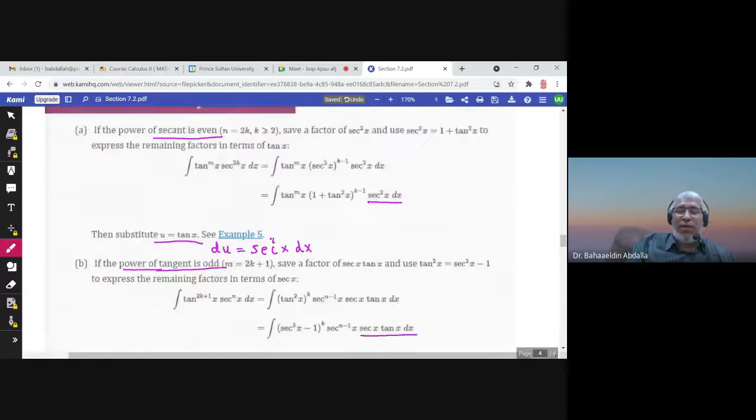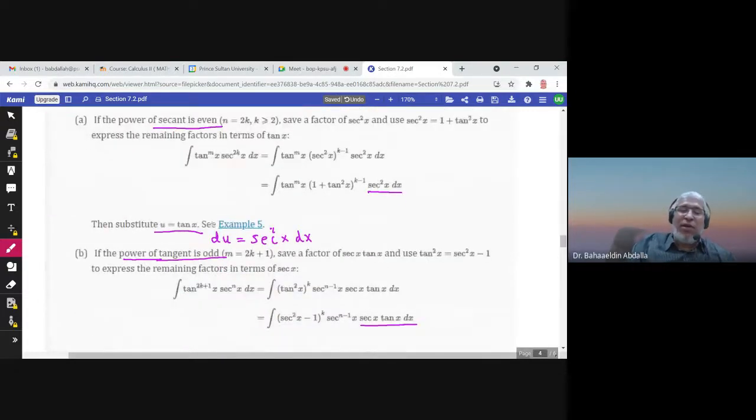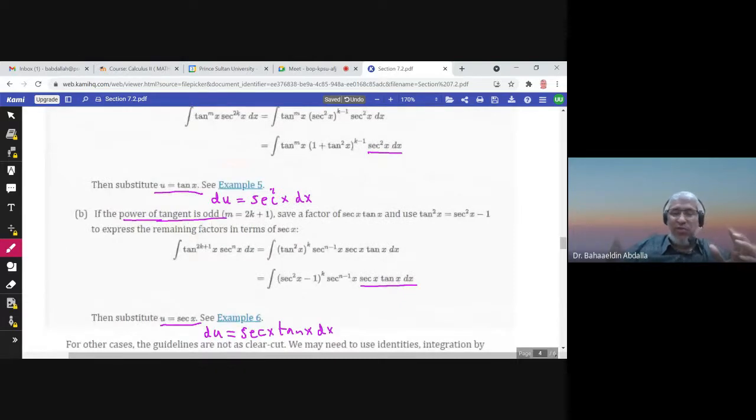All right. So we have learned what to do if the power of secant is even or the power of tan is odd.